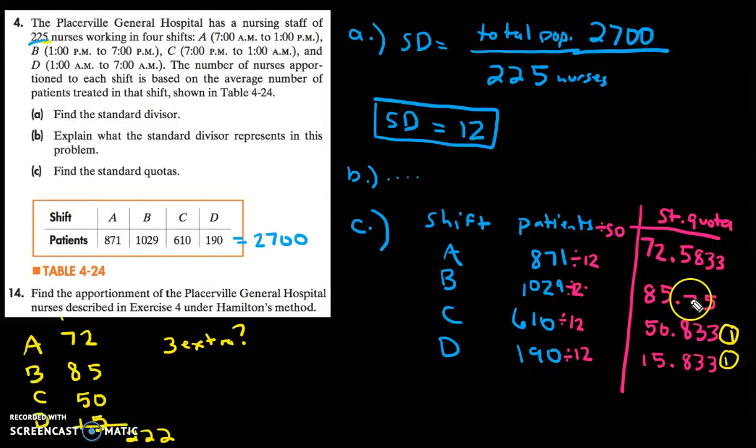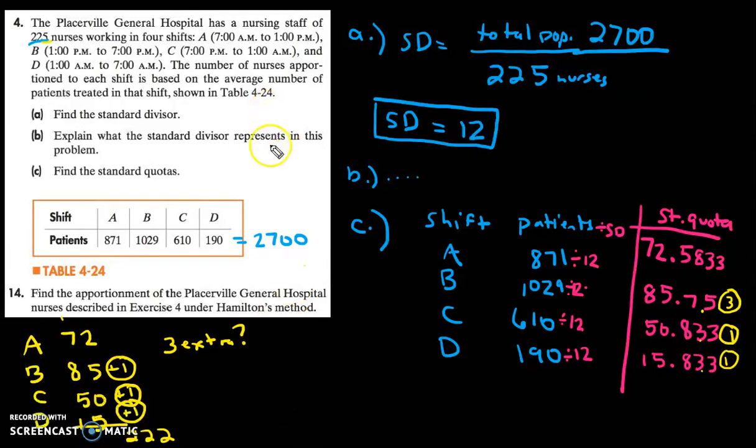And then the next one, 0.75, is bigger than 0.58, so that's third for rounding up. I only have 3 extra ones. These were the 3 closest to rounding up because their decimal was bigger than 0.58. So they each get an extra nurse. We hand them out in order of who was the closest to rounding up.